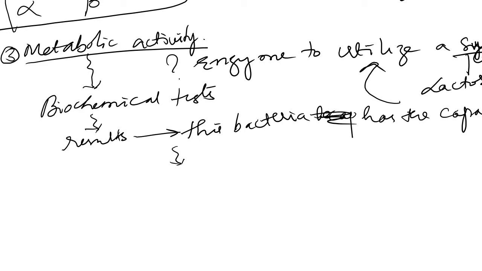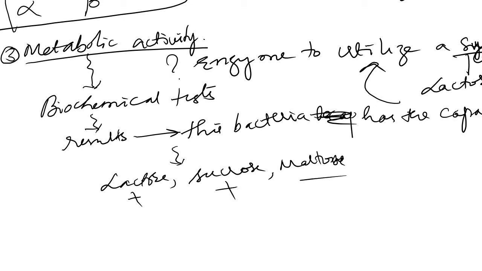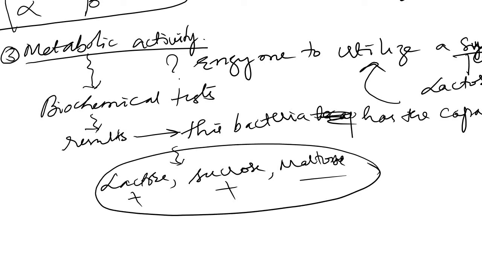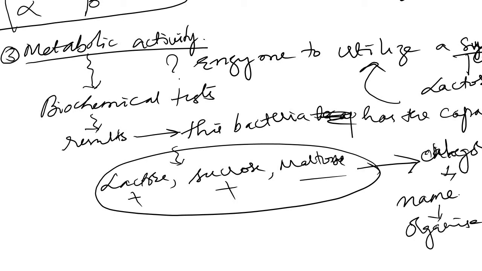Say you are going to check for lactose, sucrose, maltose, and so on, and here you may get a positive reaction, here you may get a positive reaction, here you may get a negative reaction. Now based on this metabolic activity, you can categorize a bacteria, and hence you can name them or organize them under a specific group or species.